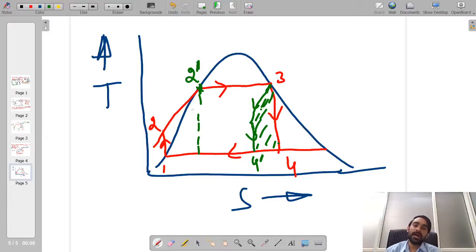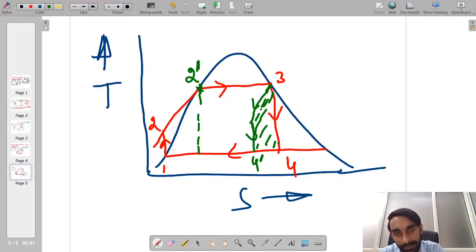Okay, so if you see now this process 3 to 4 dash is almost identical to the process 1 to 2 dash. Means if you compare the slopes of both these lines, this line over here and this line over here, these slopes are now almost equal.